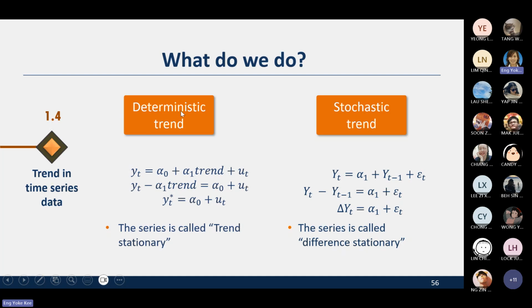Seldom do we see data with a pure deterministic pattern. In practice, it is mostly a stochastic trend, or a deterministic trend plus a stochastic trend. Seldom do we see pure deterministic trend data.